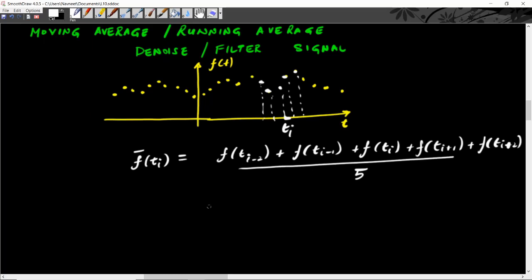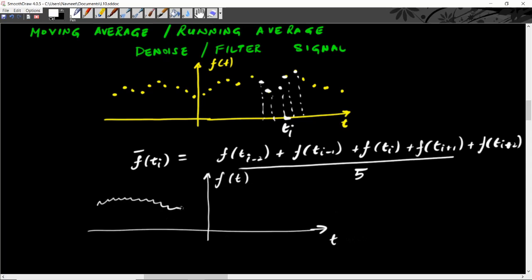In practice, this procedure is usually done on a discrete time signal, but the basic principle can be understood in a continuous time context. So, to understand this, consider that I have this function f of t that has some noise.